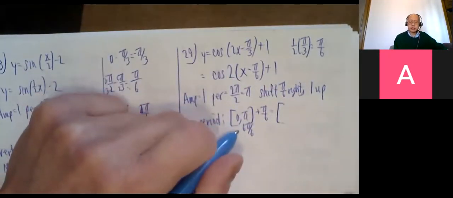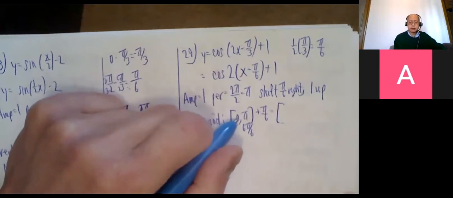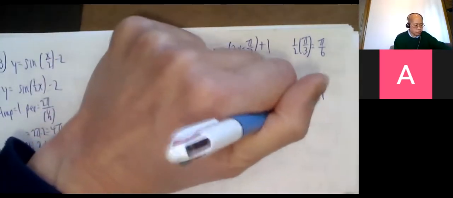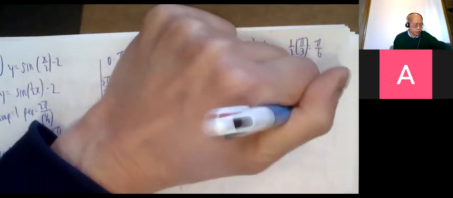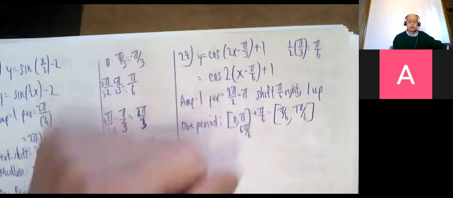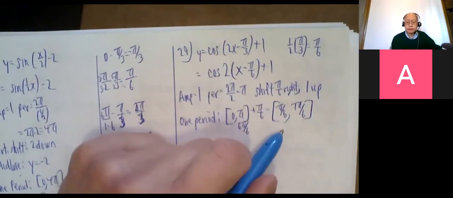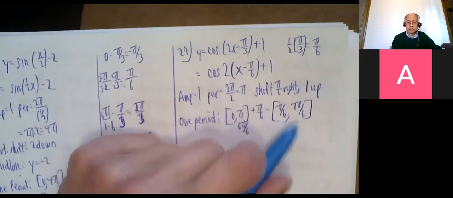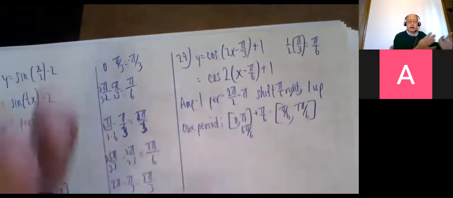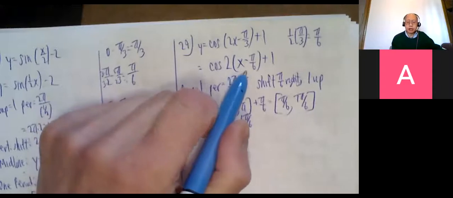Pi is like 6 pi over 6. So 0 plus pi over 6 is pi over 6. Pi plus pi over 6, 7 pi over 6. So this is where I'm going to get my 1 period, from pi over 6 to 7 pi over 6. It's supposed to be 0 to pi, but the whole graph gets shifted pi over 6 to the right.